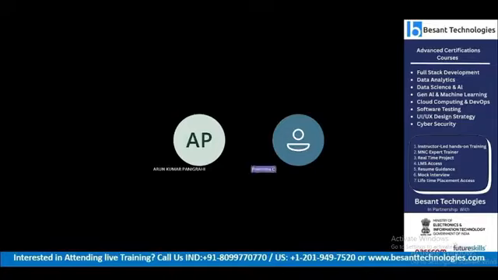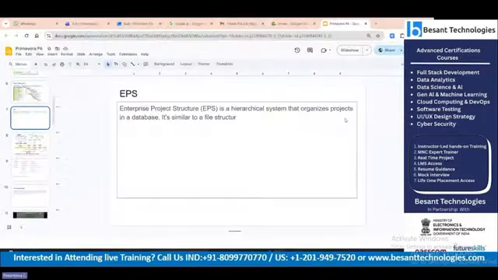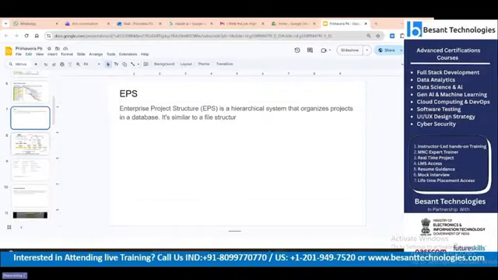Sir, I'm sharing my screen. You can see a presentation where the definition of EPS is: Enterprise Project Structure is a hierarchical system that organizes projects in a database. So in a particular database, it organizes the project details in a hierarchical way, like a file structure. So let us understand using a representation.